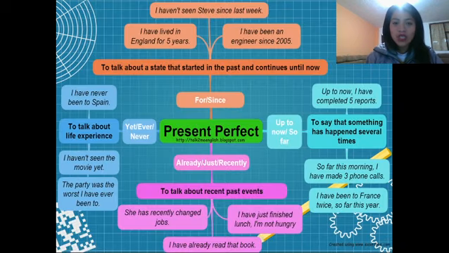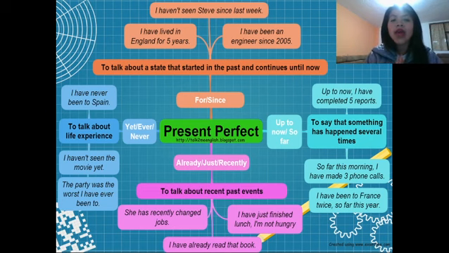Okay, let's start. We have 4 uses of present perfect, right? The first one is to talk about a state that started in the past and continue until now. El primer uso, nosotros lo usamos cuando hablamos de acciones o estados que empezaron en el pasado y continúan hasta ahora.